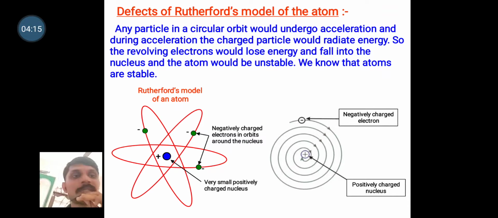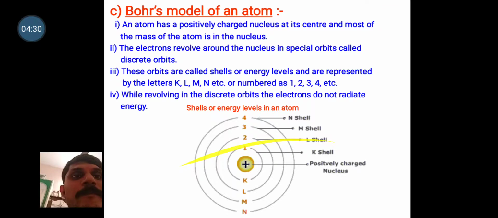The atom would then be unstable, but we know that atoms are stable in nature. Here the outer layer shows the negatively charged electrons, and the inner layer shows the positively charged nucleus.